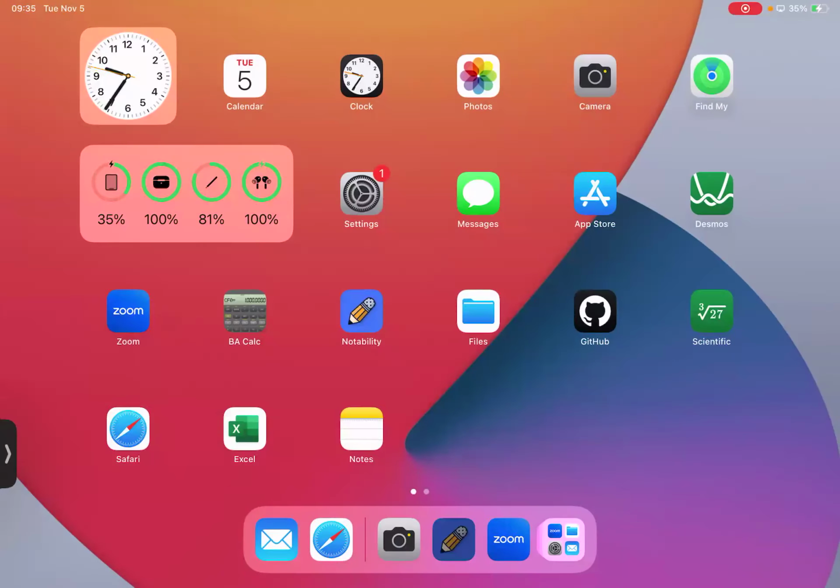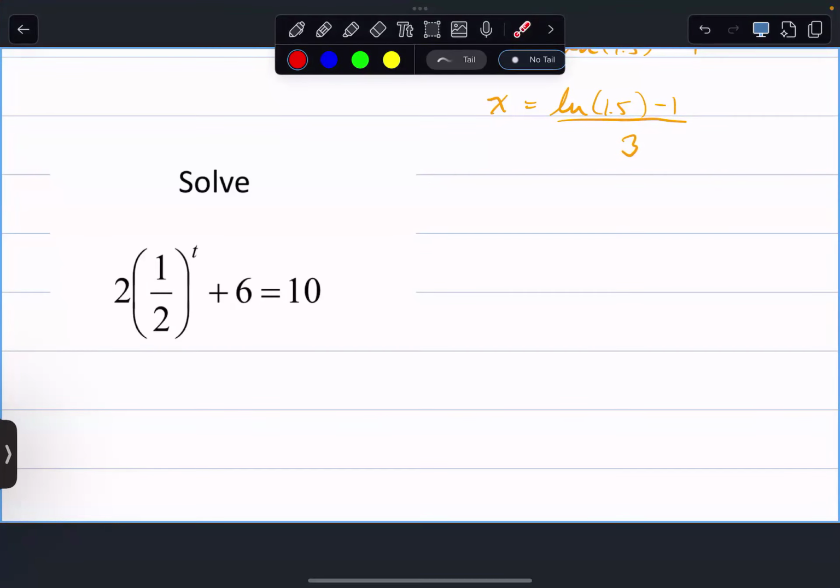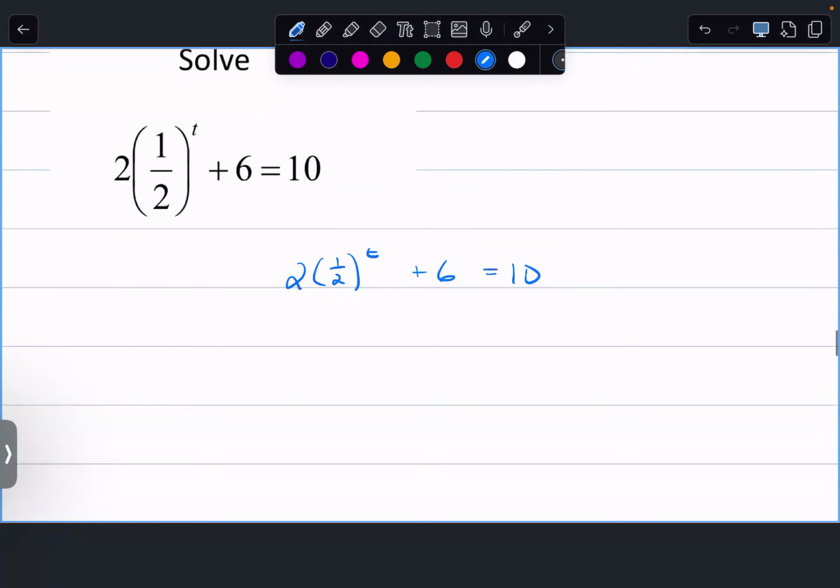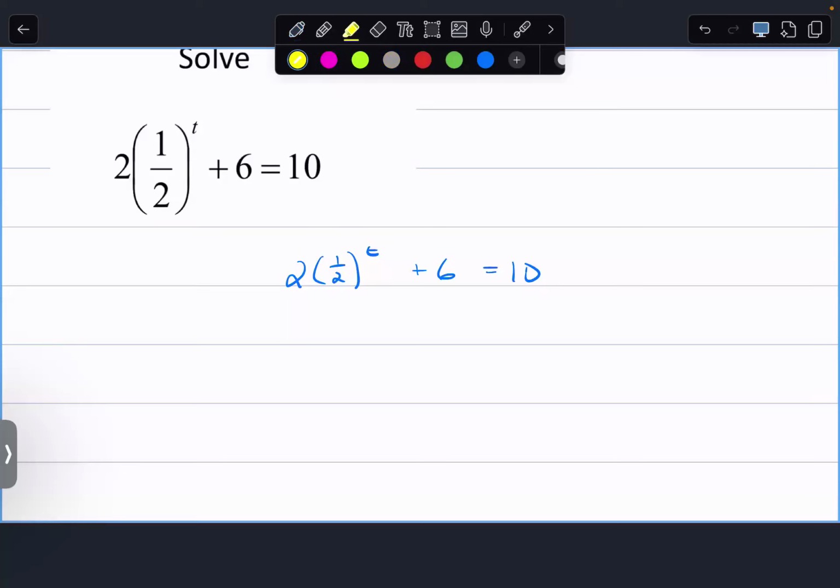All right. To my pen. I'm not going to write out the steps this time, but I do follow the same steps, right? And so let's start with 2 times 1/2 to the t plus 6 is equal to 10. Chipping away, isolating the exponential function, which is this little guy, right? 1/2 to the t.